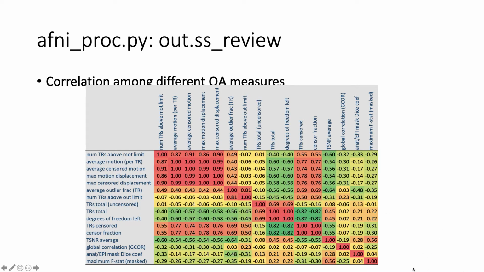And so, just going back to this, the formatting got messed up, but you can see that a lot of these quality control measures are correlated with each other. As you can imagine, average motion, average censored motion, and motion displacement measure similar constructs, and so they correlate at 0.87 or higher with each other, suggesting you're getting similar information. Also, the number of TRs total and TRs censored are going to correlate with each other as well.